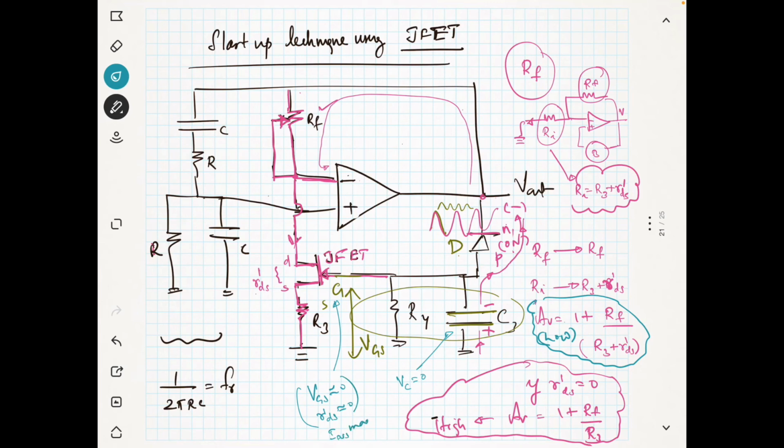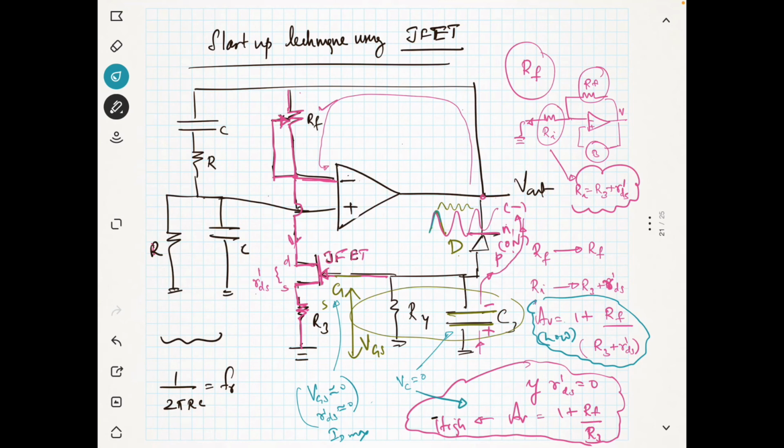IDSS, or ID, will be maximum when VGS is 0. Because of that, if R dash ds is 0, then the gain will be high. That's what I have shown here. The gain is 1 plus Rf by R3, because there is no R dash ds. So the gain is high.